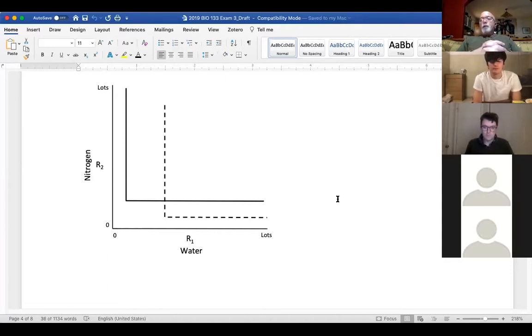So think of these two plants. If I showed you this example of two zero net growth isoclines for two plant species, and I told you one of these was Andropogon gerardii and the other was Amorpha canescens, which one would be which? Now, in order to answer that question, you have to know those things that we just talked about. And you have to know how Tilman's model of resource-based competition works. So which of these would be the legume and which would be the C4 grass?